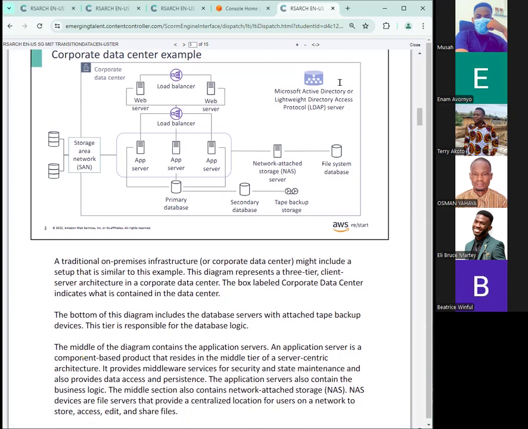And with Microsoft's Active Directory, this is used a lot in the traditional setting. For example, at Amalitech, everybody who works here is registered to a domain. It's called a domain, and each person has an account.